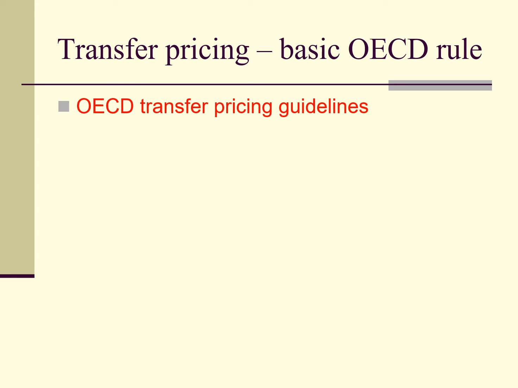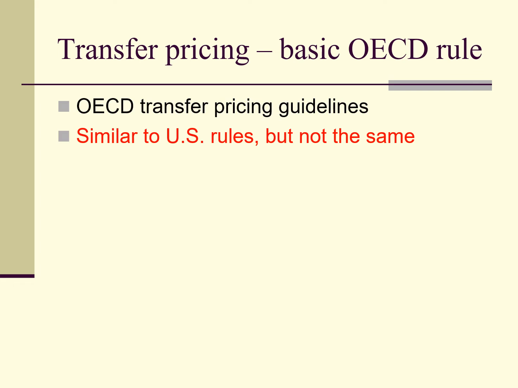The OECD is an organization composed of most of the world's developed countries and works to set worldwide trade standards, including tax rules that all countries can agree upon. We will not be studying the OECD transfer pricing standards in this lecture. Suffice it to say that the standards are similar to the US standards, but they are not the same.